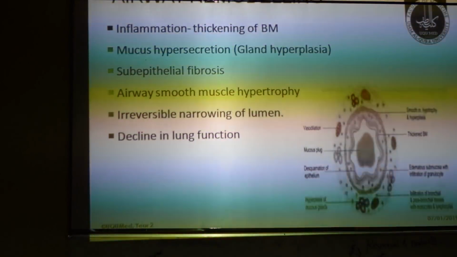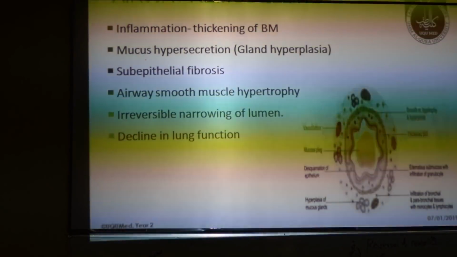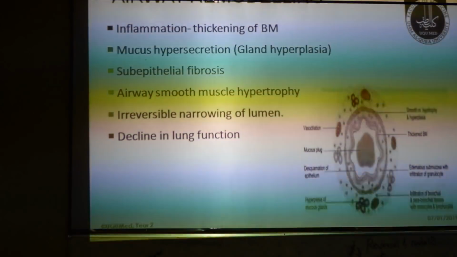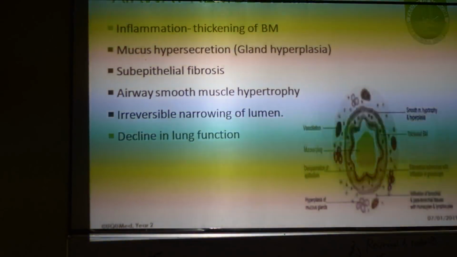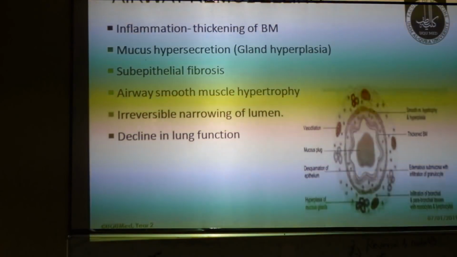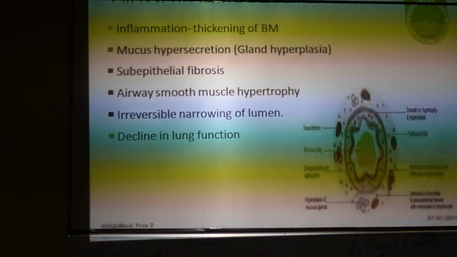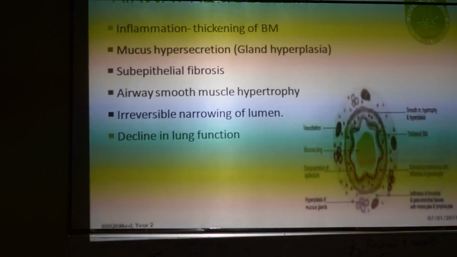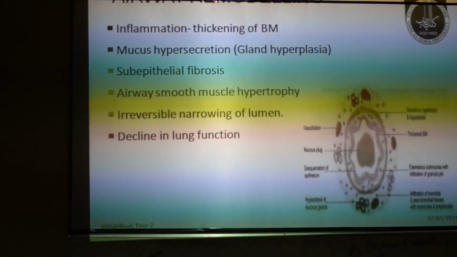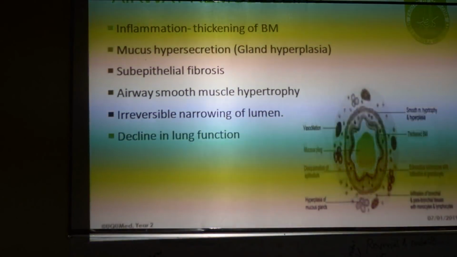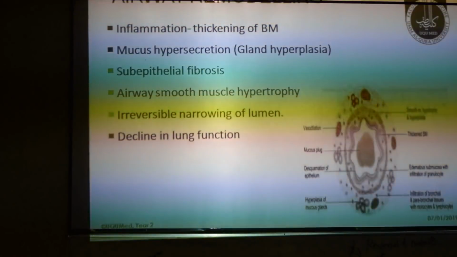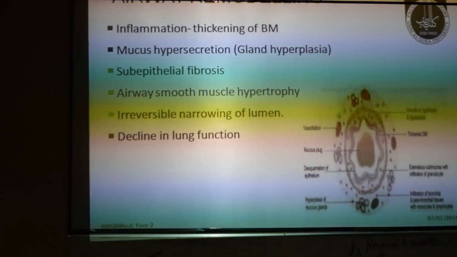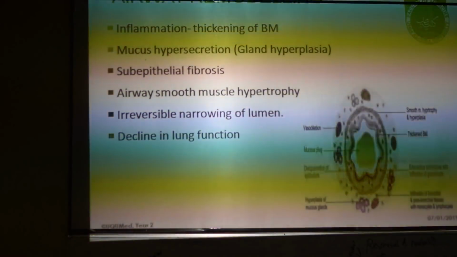And finally the airway remodeling. This inflammation has continued for so long that it has now started changing the structure. How can it change? You can see the first, on top, is the inflammation and thickening of the basement membrane. If it prolongs for years and years with too much inflammation, the basement membrane becomes thick, so the gas exchange will be quite a lot affected by this. Mucus hypersecretion: a lot of glands and a lot of mucus production.